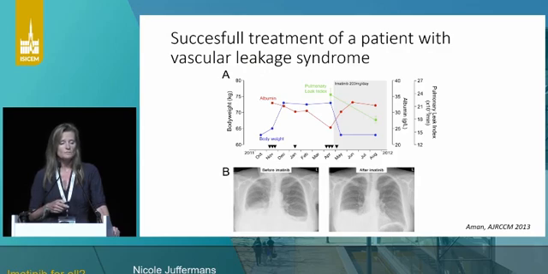So using this technique, the pulmonary leakage index, they saw that treatment of this patient resulted in a dramatic decrease of the pulmonary leak index together with a decrease in the body weight and an increase in the albumin within the circulation.